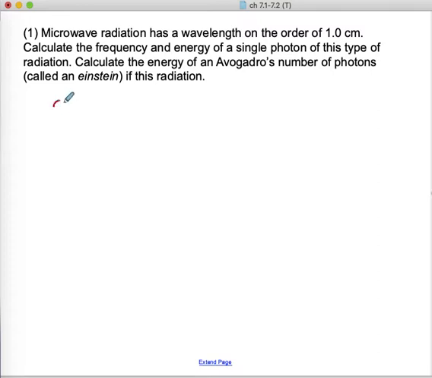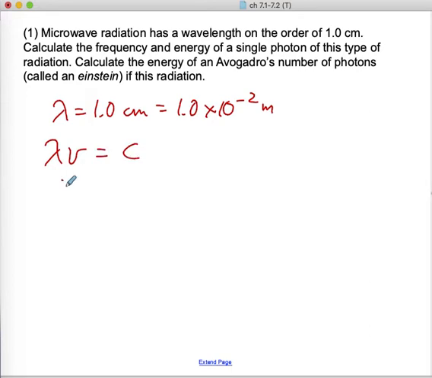So we're given the fact that the wavelength is 1.0 centimeters, which is 1.0 times 10 to the negative second meters. I'll start with wavelength times frequency equals speed. To calculate frequency, I will divide both sides by wavelength. So frequency equals c over lambda.